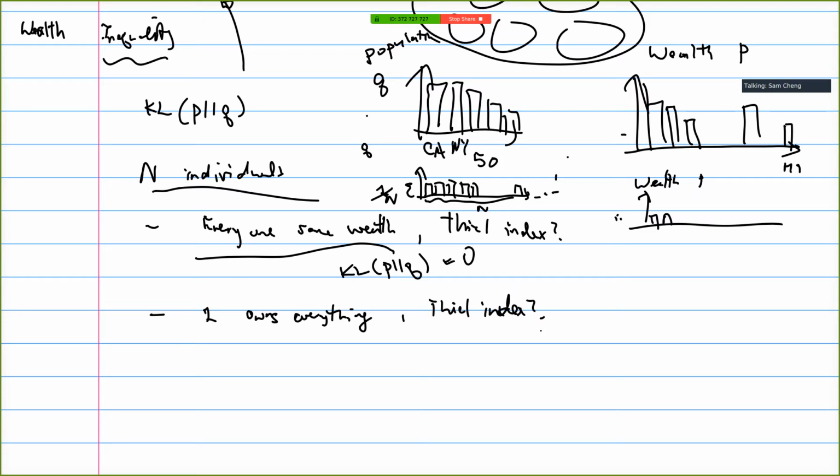In this case, Q is still the same, but the index will be more than 0. Let's go through that. Q is still the same, but P is just a delta function. I have one of them owning everything. There's 1, and the rest is equal to 0.